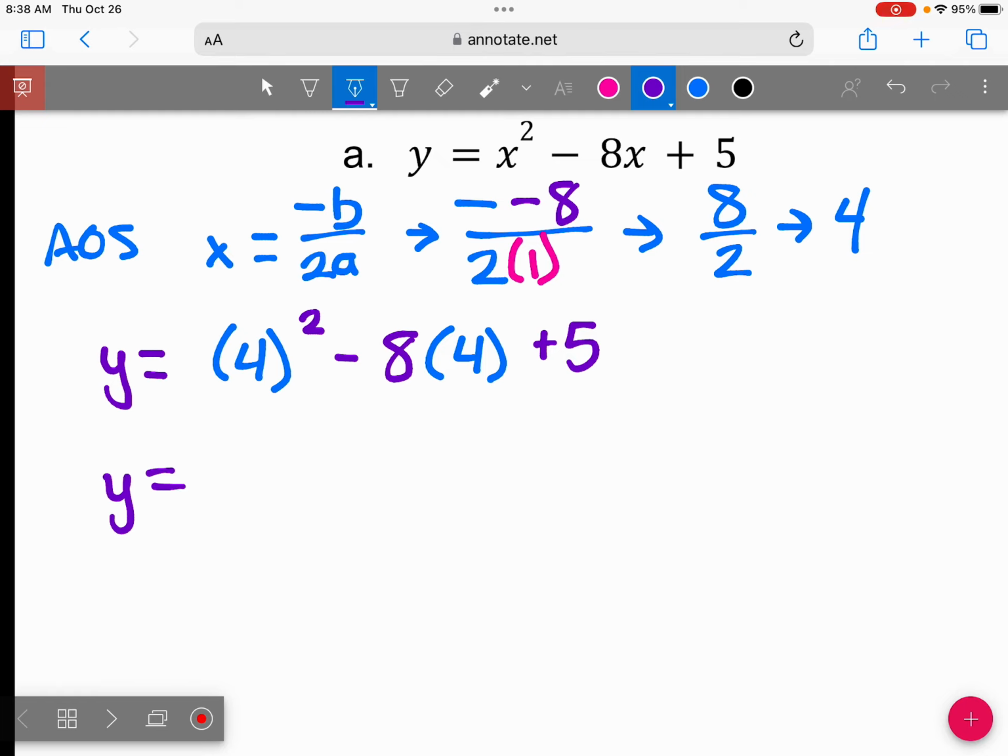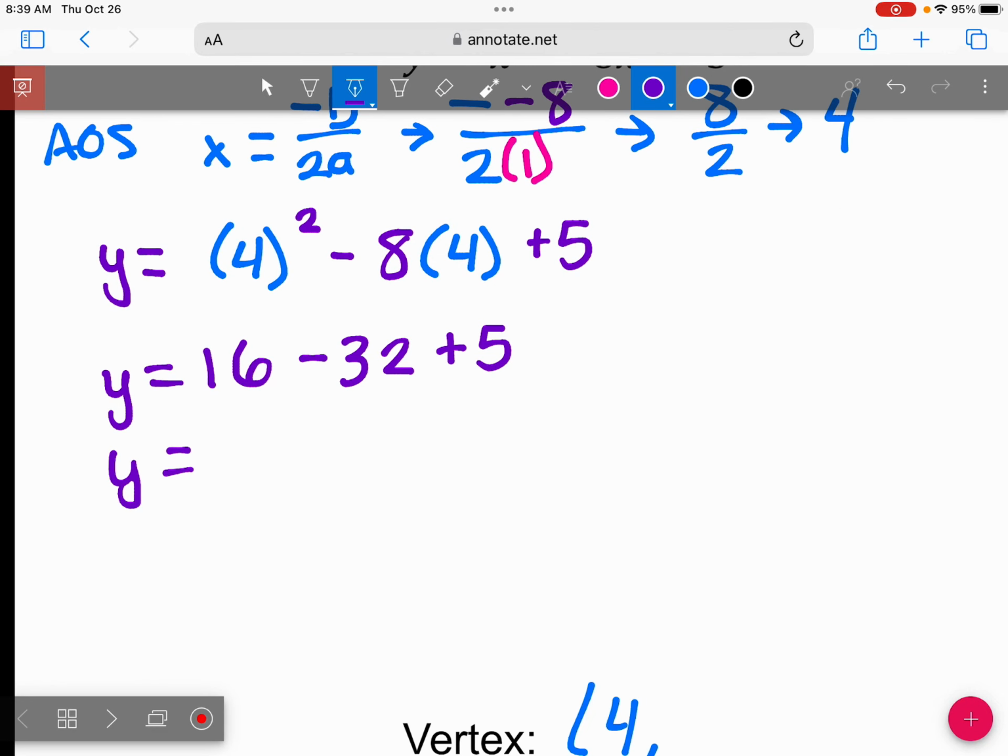You can either type this in the calculator or you can do some of this by hand. 4 squared is 16. 8 times 4 is 32 plus 5. So the y value of our vertex is what? Negative 11.